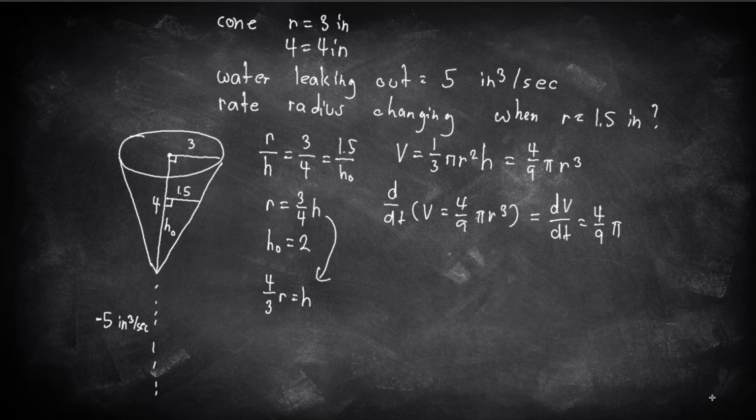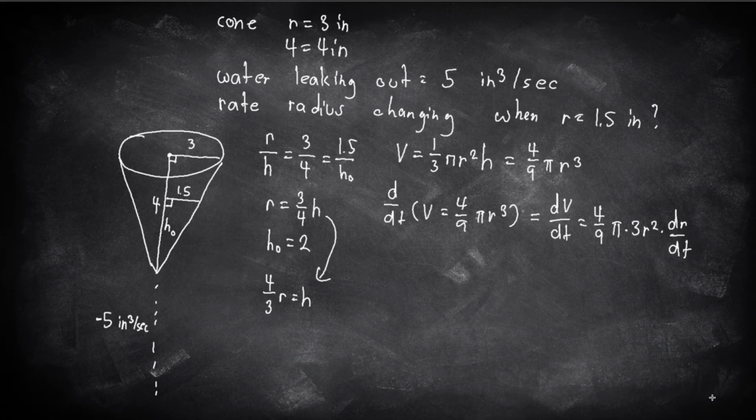And the derivative with respect to t of r cubed, since it's a different variable, is implicit differentiation. So that's 3r squared times dr/dt. Okay, and that's it. That is what we're looking for, the rate at which the radius is changing.